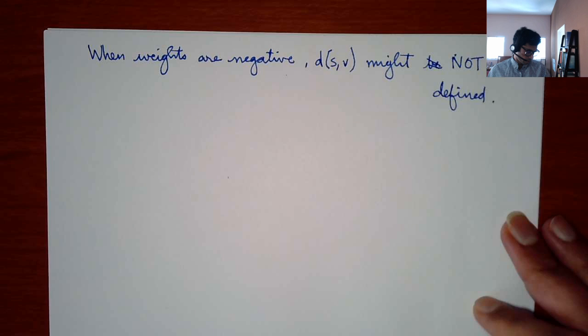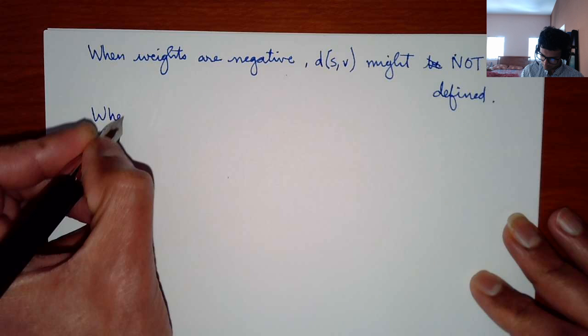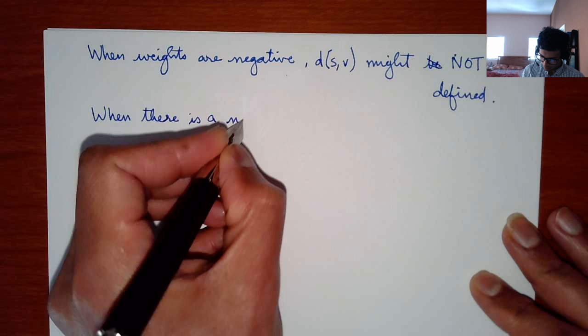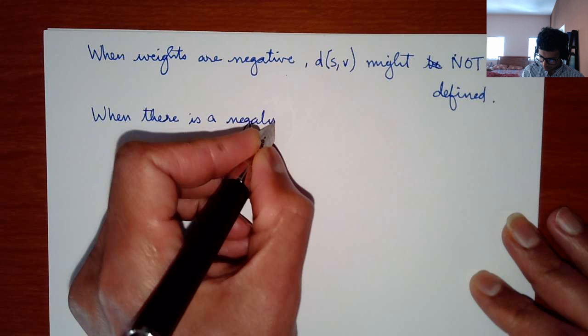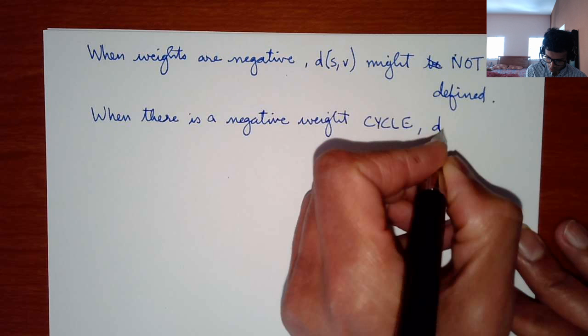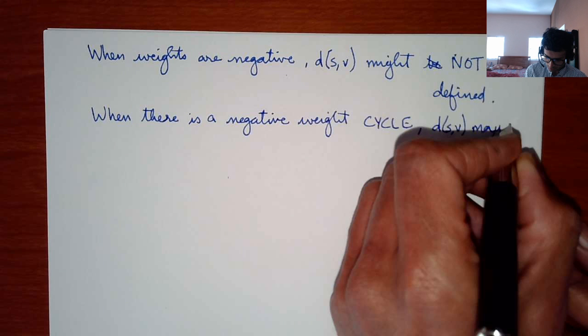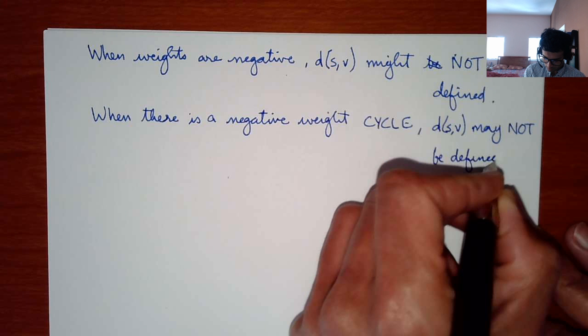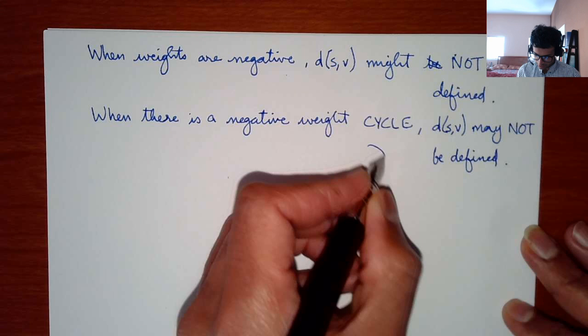And specifically, when there is a negative weight cycle, then d(S,V) may not be defined. So what is a cycle? A cycle is a path that returns to itself.